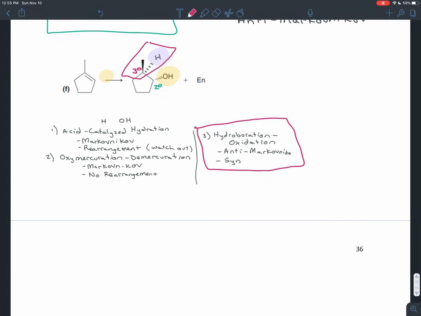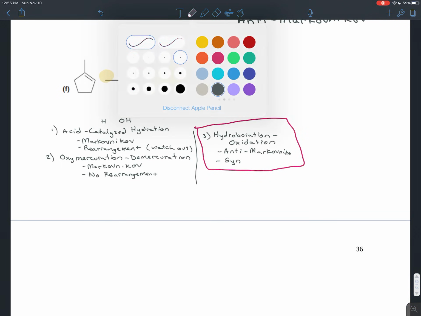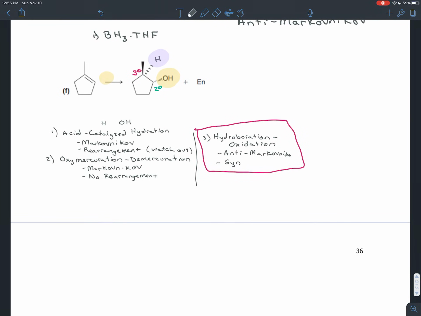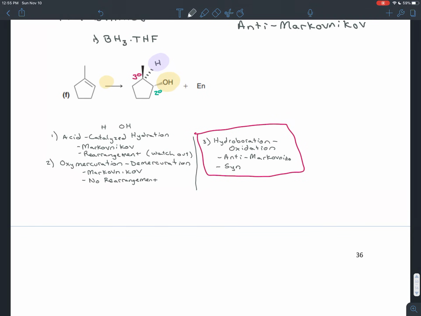And so the recipe that we would want to add here would be first, you can bubble some borane gas, BH3. Now you'll want to stabilize that with tetrahydrofuran. The tetrahydrofuran uses its lone pairs to stabilize the empty p orbital on the boron. Now if you don't want to use a toxic gas, you can use a solid like 9-BBN, much easier to work with. That's the first step.